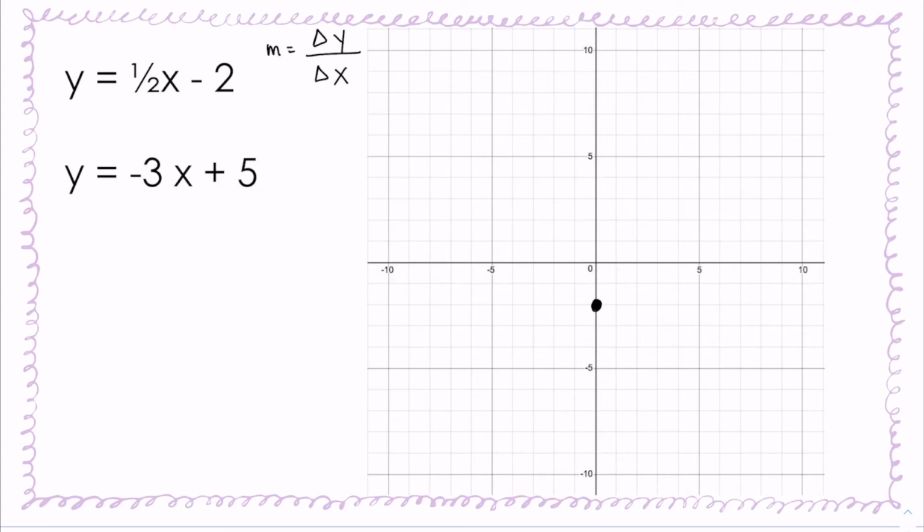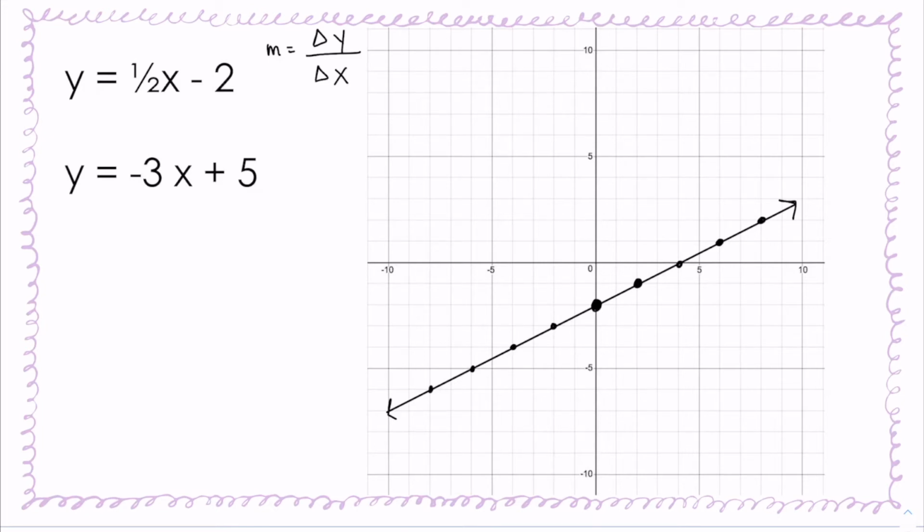So we're going to go up 1, right 2. We continue that rate of change. Remember, if we can go up 1, right 2, we can continue the line in the opposite direction by going down 1, left 2. We connect the points in a line and then draw arrows to represent that this line is continuous.